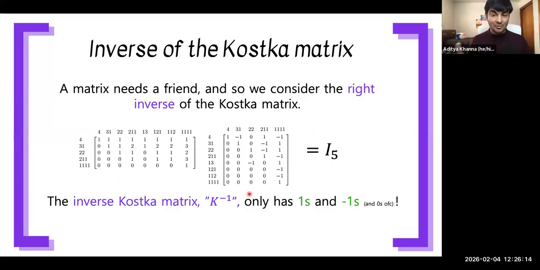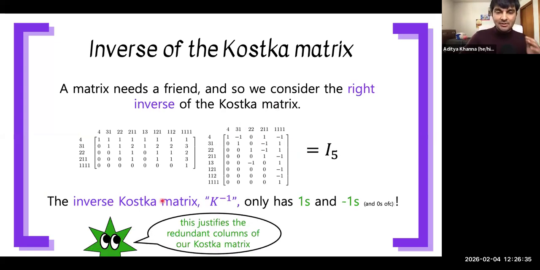This is not an inverse, of course, because this is a rectangular matrix. But what we notice is that this matrix only has ones, minus ones, and zeros. And that is pretty nice. We will soon talk about what these ones and minus ones mean, but this is pretty good for us.